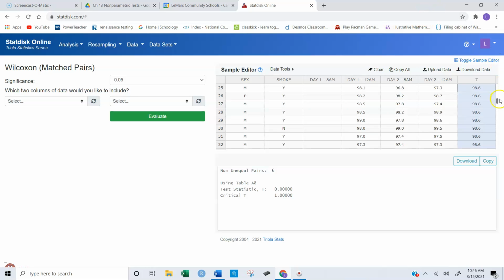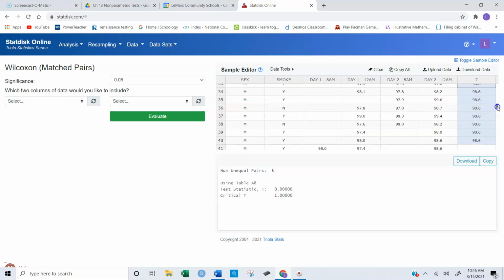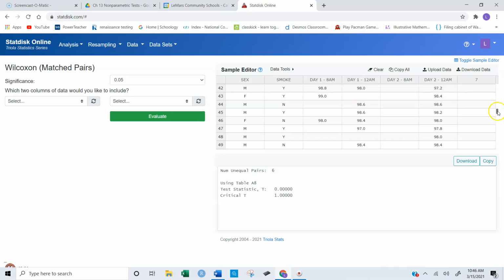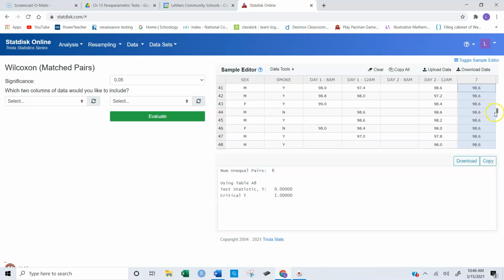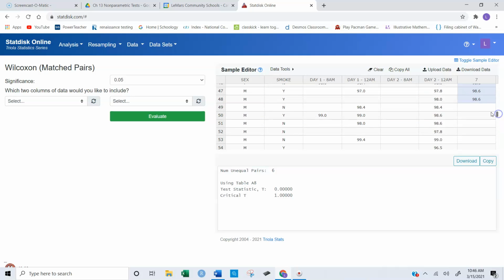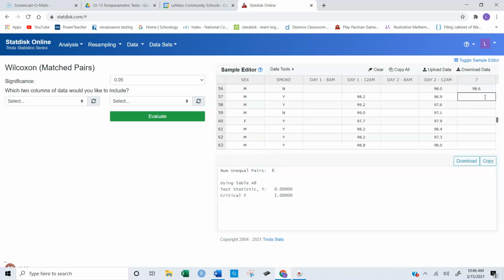So after you have those all set in, I'm hoping you're doing this right now. You're not just watching me, right? So you get your 98.6 put in for every value, because we're going to compare these data for the 12 a.m. times against 98.6 to see if there's a difference or not a difference is what we're looking for.